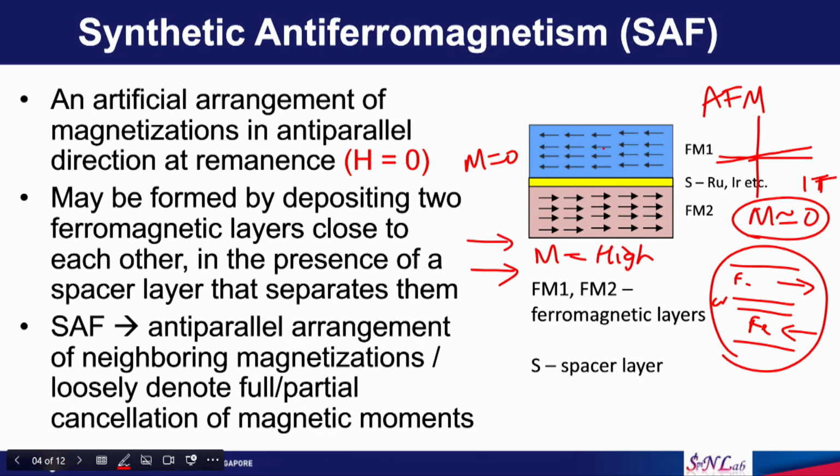So, in synthetic antiferromagnetism, we are creating some form of antiferromagnetism by taking 2 or more ferromagnetic layers and separating them by some spacer layer. Because of this spacer layer, the neighboring layers are aligned in anti-parallel direction.